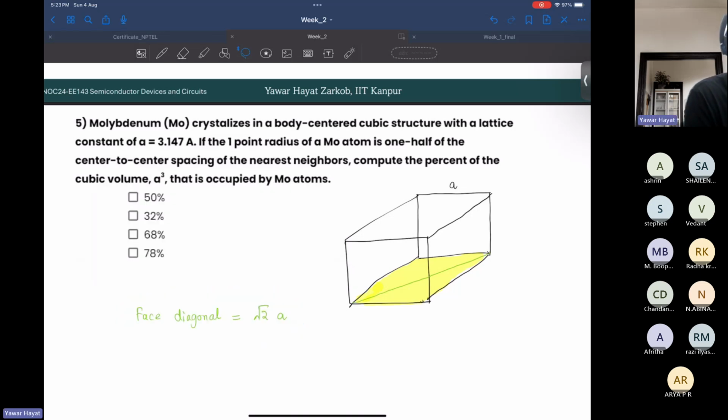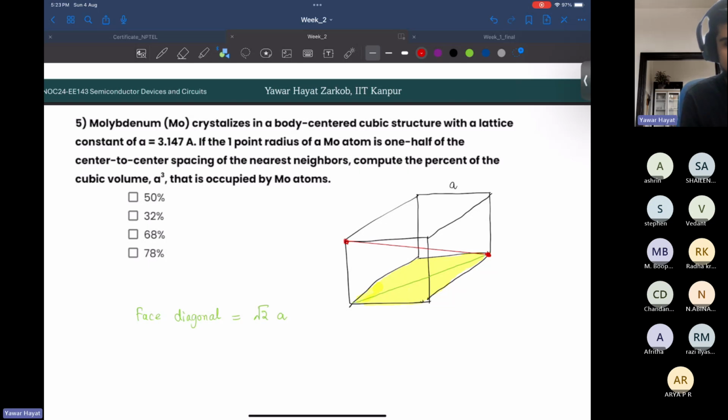Face diagonal is root 2A. I'm using color scheme so that we are able to track all the lines. Then there is another diagonal, right? Which side should I use? Okay, I'll use this one. From this corner to this corner, right? Imagine a line. Are you able to imagine this line?